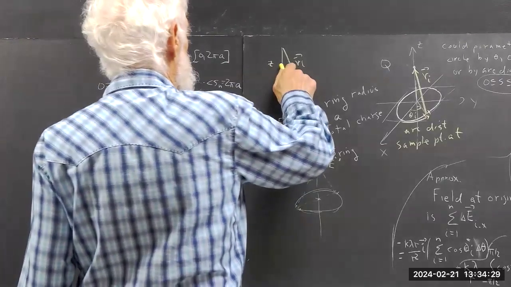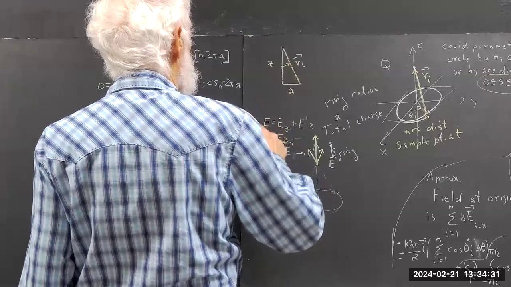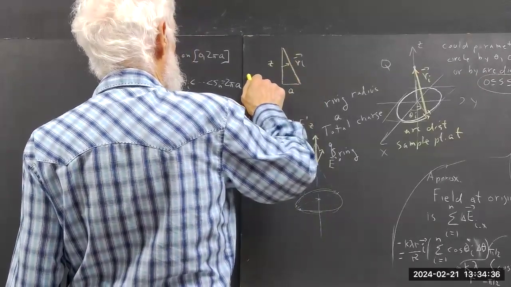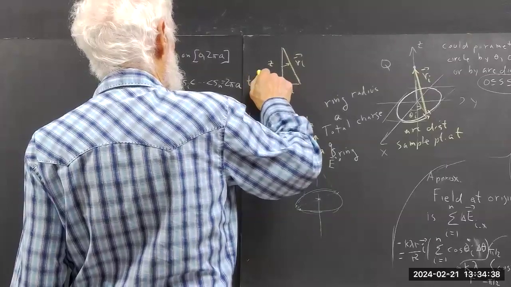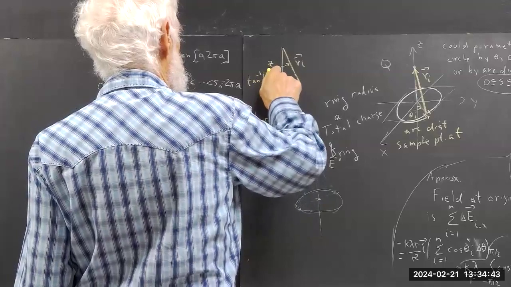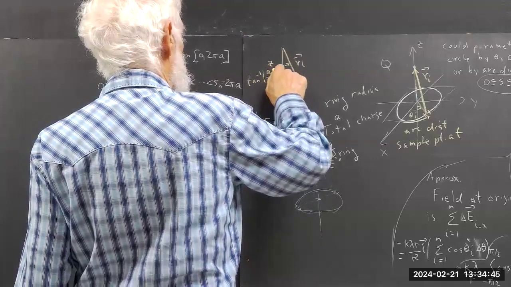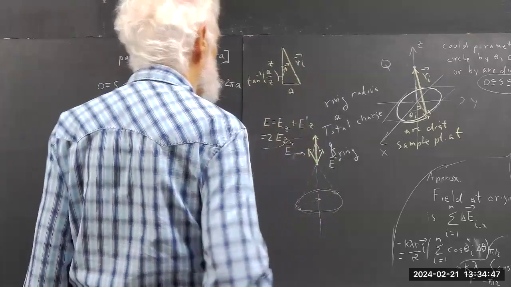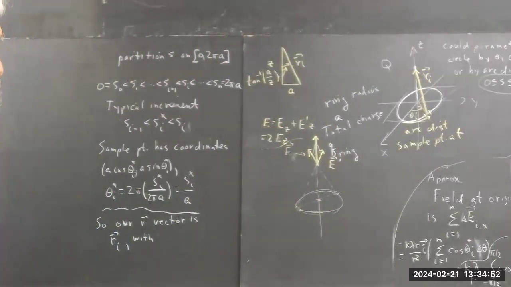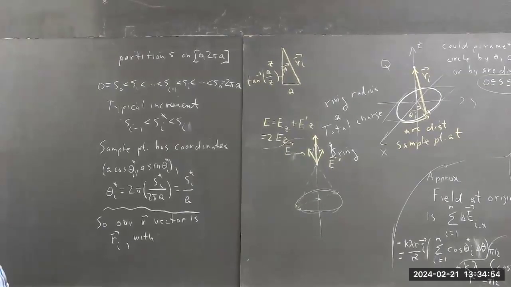So I can say that this angle is the arctangent of A over Z. Yeah, and I'm debating about how much detail I want to put into this thing because we cut a lot of it out.